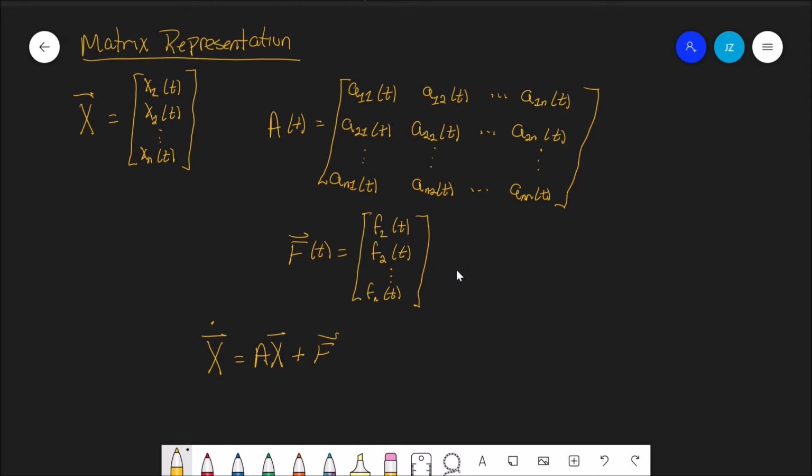It's called a column matrix. So if you remember the lesson on matrices, our coefficient matrix is an n by n matrix. The x vector and the f vector are n by 1 matrices.